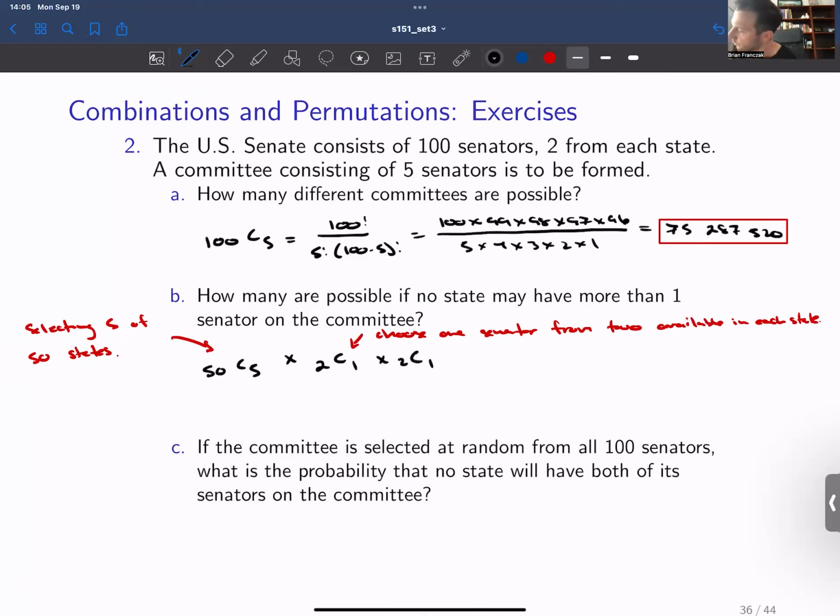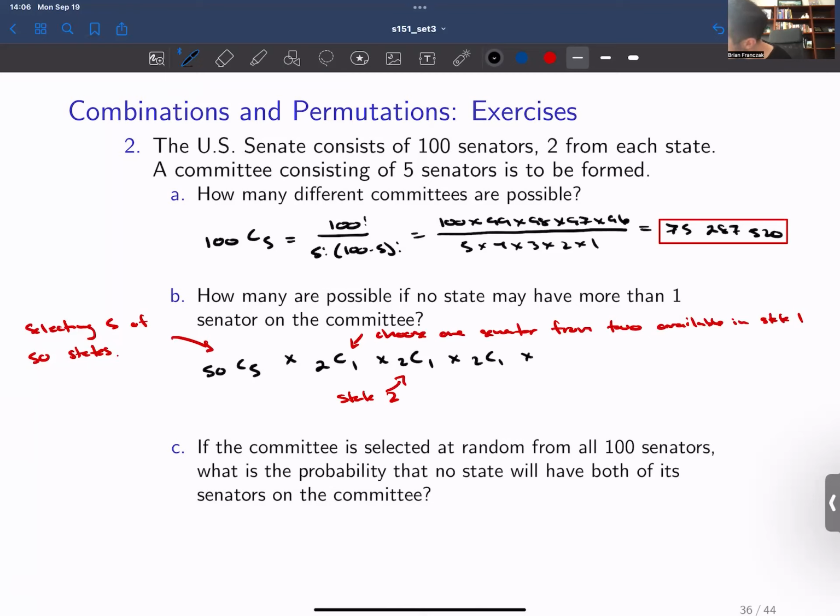So the first 2C1 is for state 1, okay, in state 1. Okay. Now the second 2C1 is choosing one senator from 2 available in state 2, right? So this is state 2. And then there's 3 other states I have to consider.